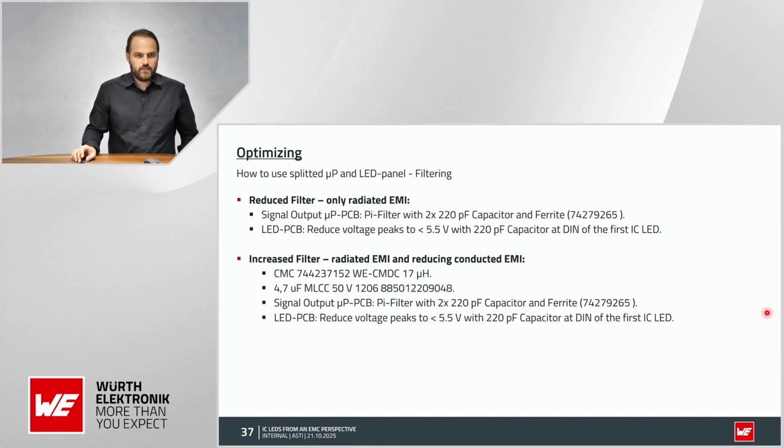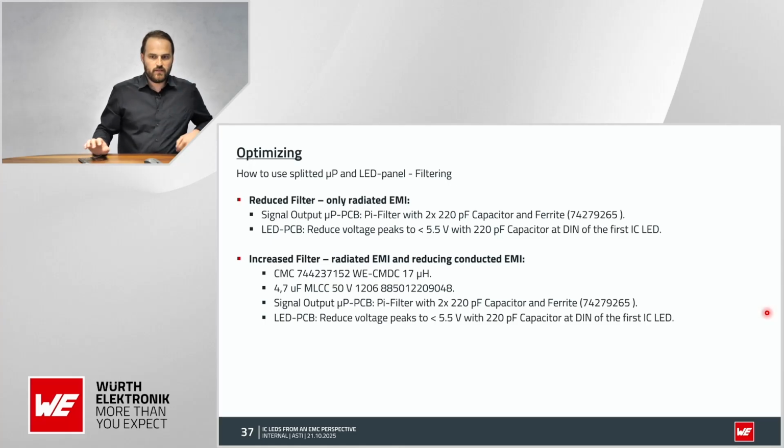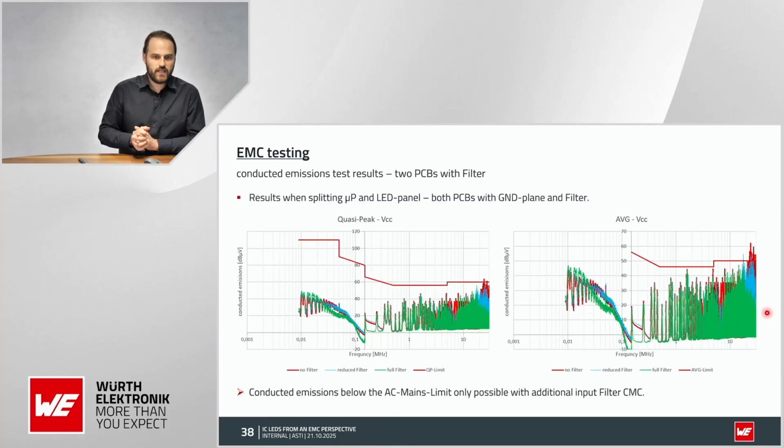Then we implement the filters in the full stage, where we have the ferrite and the common mode chokes, and we also have, in blue, the reduced filter, where we only use the pi filter on the digital output of the level shifter. And you can see especially from 20 to 30 megahertz, the common mode choke is starting to reduce the common mode noise, and we're going down with the emissions.